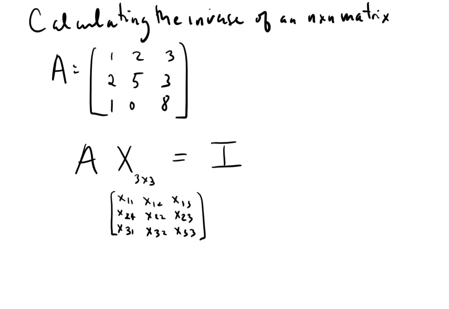So multiplying A by this has to give me I.